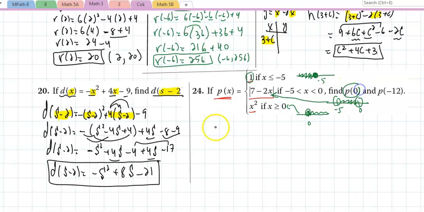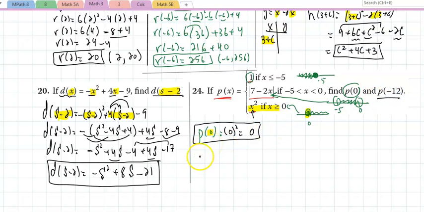They want us to find p of 0. So the question is always, where is 0? Look at those 3. 0 is right there. That means that's what y equals. That means you're going to throw 0 in there, and you're going to square it, and you get a 0. So on this graph, when x equals 0, y equals 0.